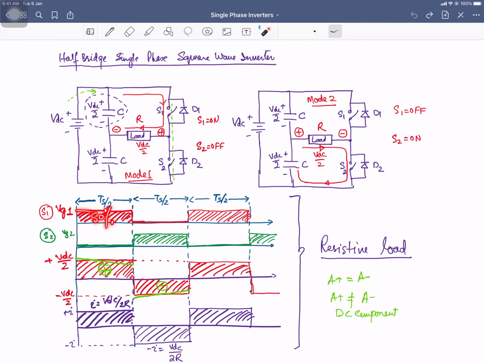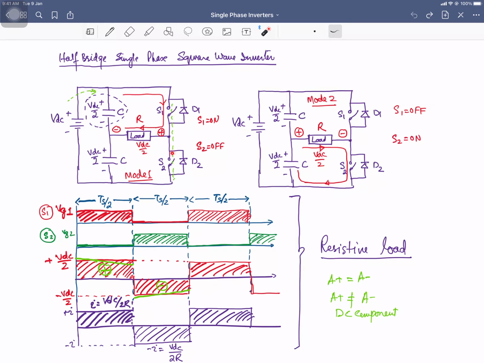If you look at this waveform, for 50% of the time your switch S1 is in the on state, and for the rest of the 50% of the time it is off, then it is turned on again, and then it is turned off. So, we have the 50% duty cycle of the gate voltage of the switch S1.